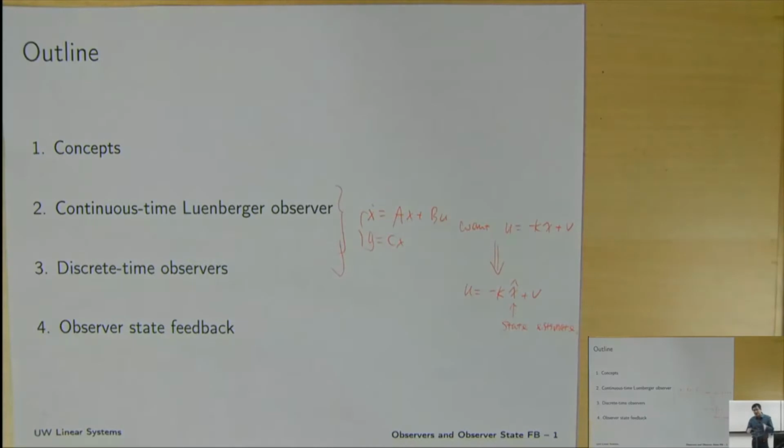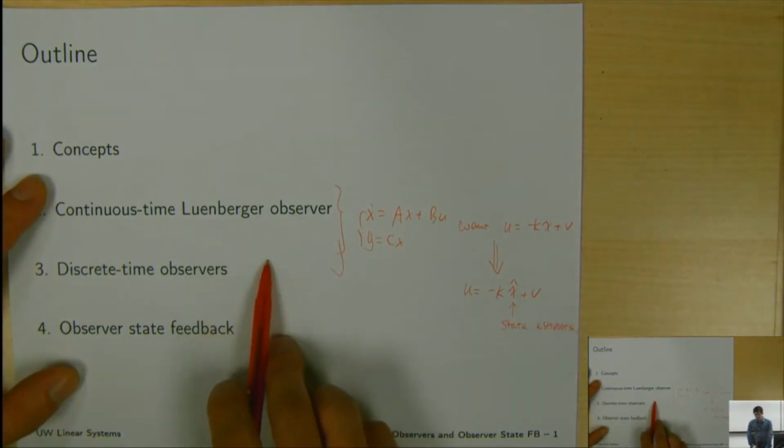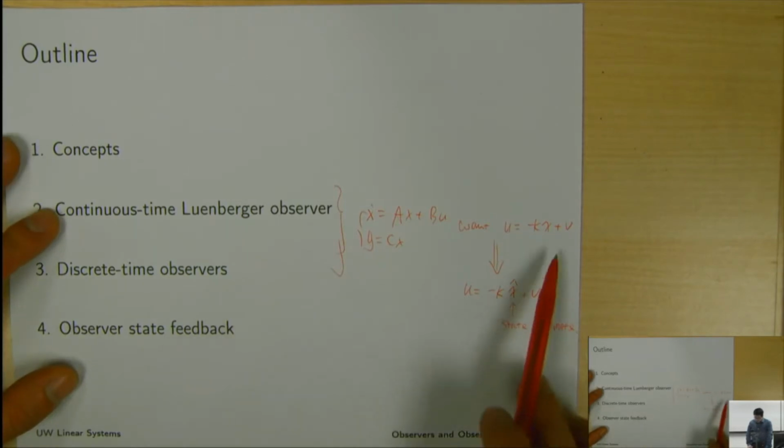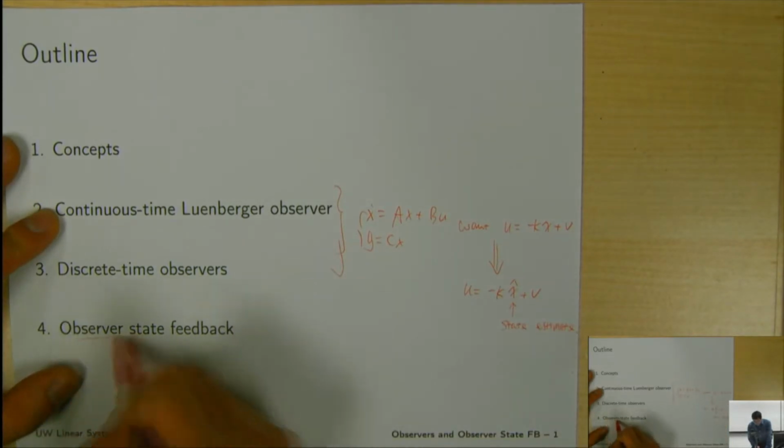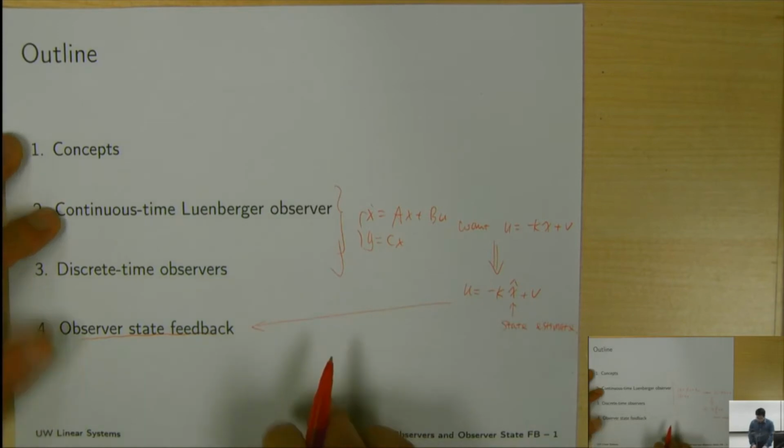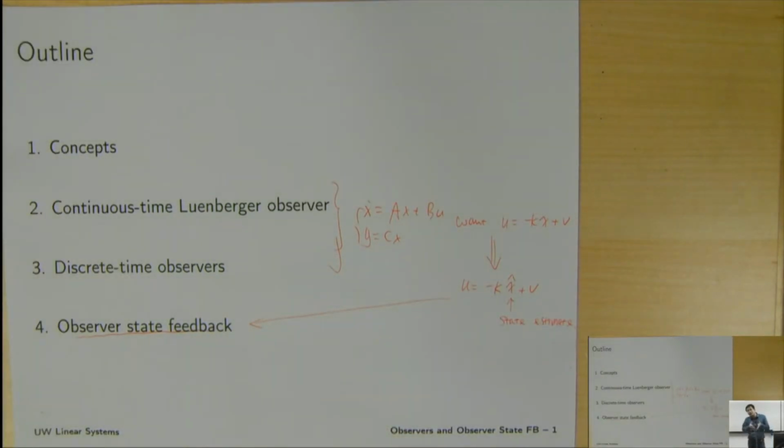Okay, so we use an estimated version of the state coming out of the observers. So we're going to spend time on this observer state feedback and see, can we still do arbitrary pole placement or not?